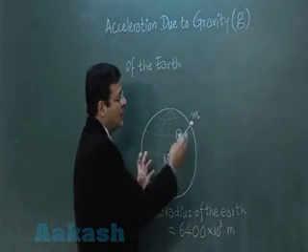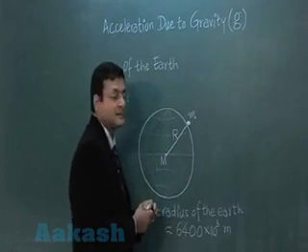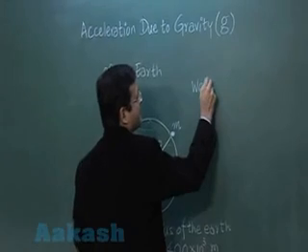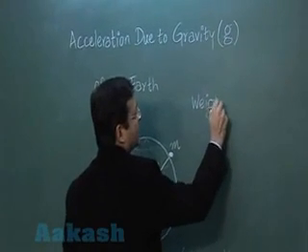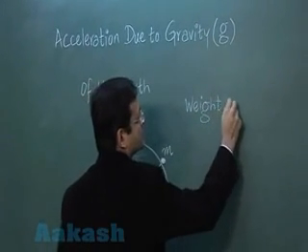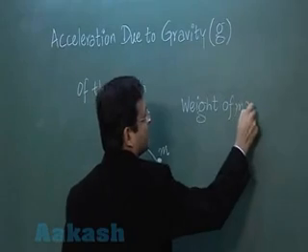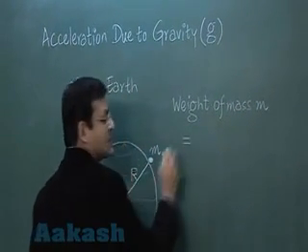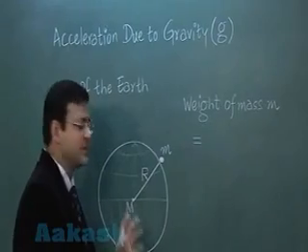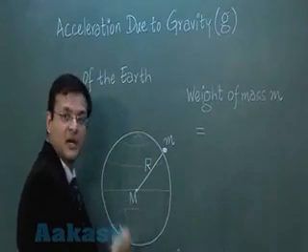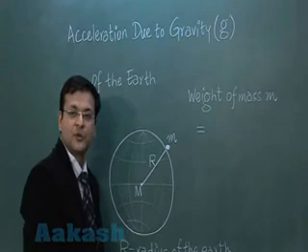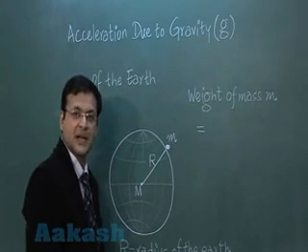Now what is the concept of weight? The weight of an object, say of mass m, is essentially the force with which the Earth is attracting this mass. What is our weight? Weight is the force with which the Earth is attracting us.